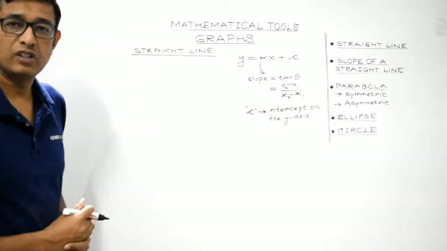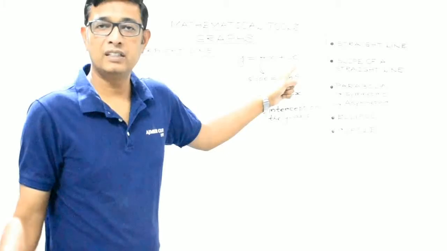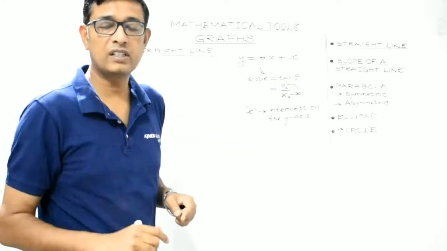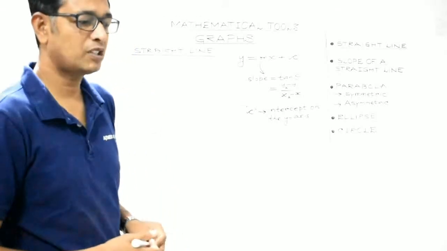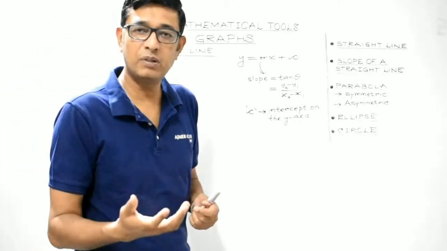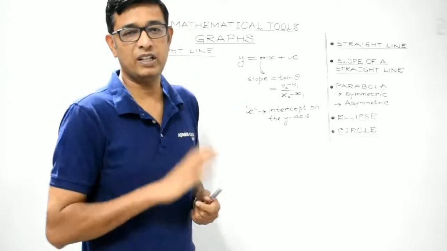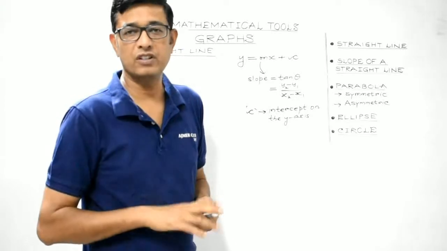So any equation which is in this standard form, if you plot a graph between those two quantities, it would always be a straight line. And here I must mention, between x and y, one is the independent variable and the other is the dependent variable. While plotting a graph, we make use of a certain convention.